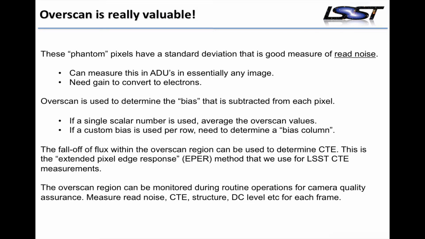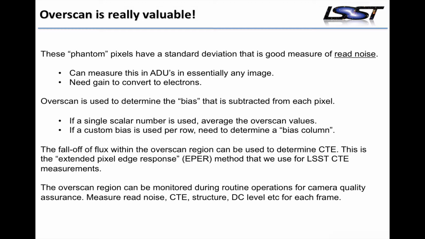The overscan pixels are extremely valuable in the characterization of the performance of a system. So I'll remind you that these are pixels that we digitize by reading out past the end of a row and reading beyond the last row, so that these are pixels that are, if you want to think about it this way, phantom pixels appended to the image. And because those pixels have no flux in them, that's a good place to go to measure the read noise.